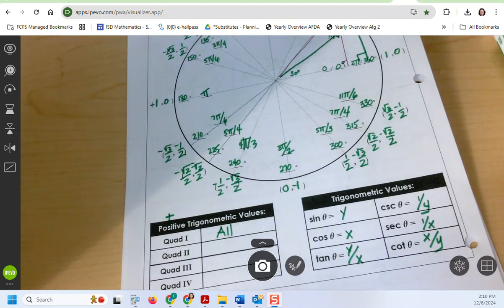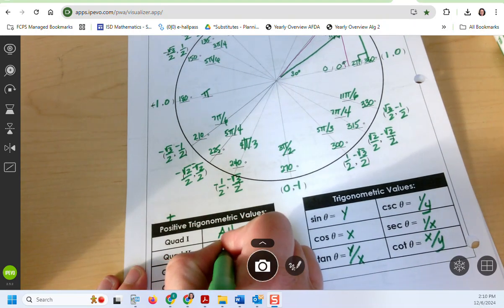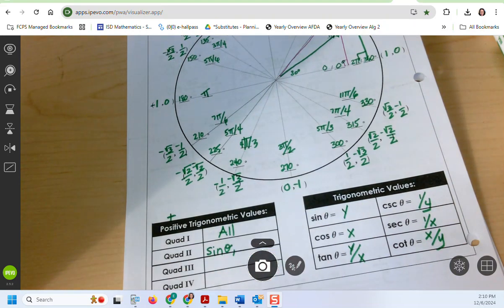In quadrant 2, your y is positive, right? But your x is negative. So that means what trig values are negative? What corresponds with x? Cosine. So your cosine's negative, your sine is positive. What about tangent? Tangent is y over x.